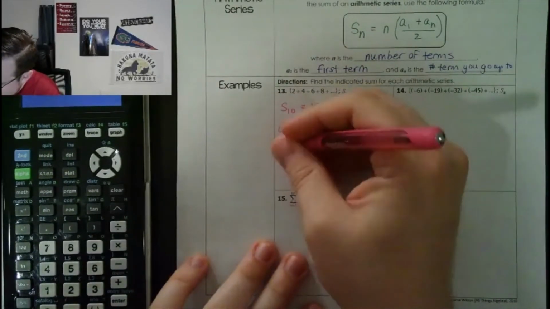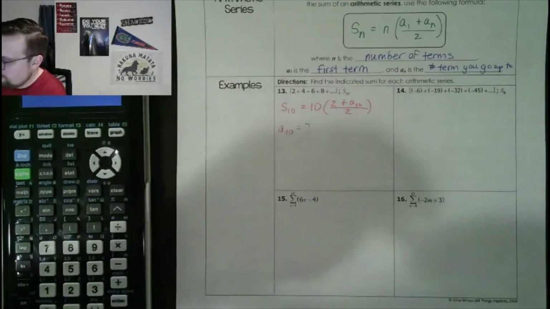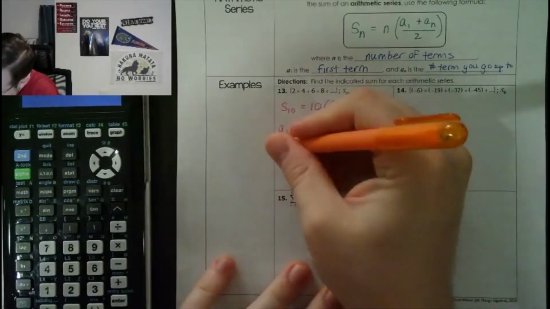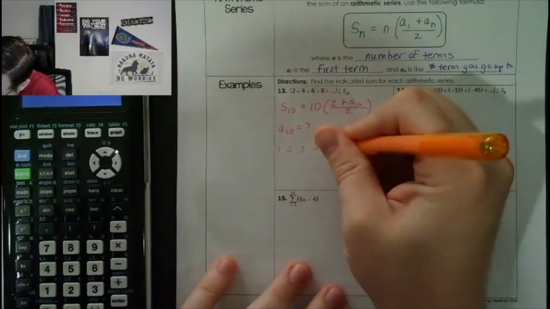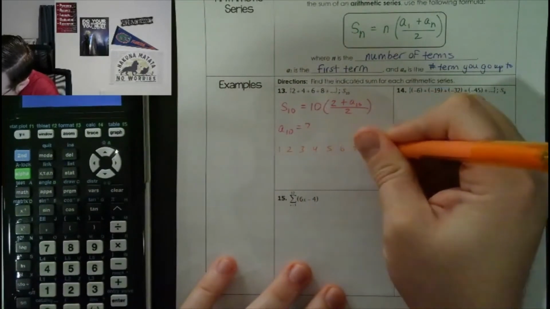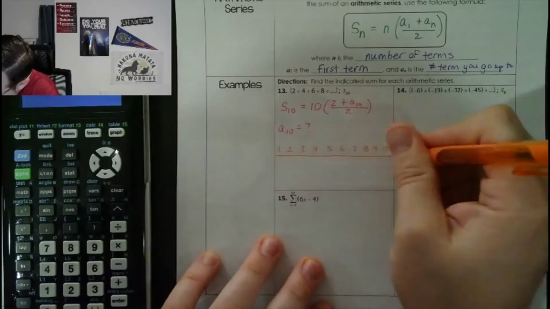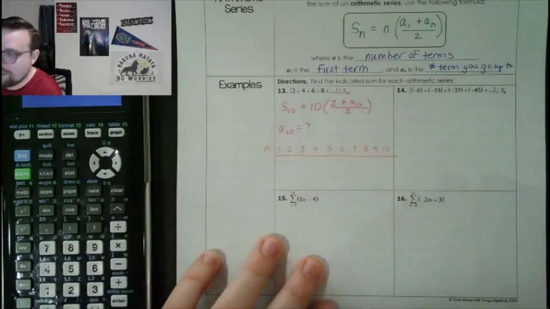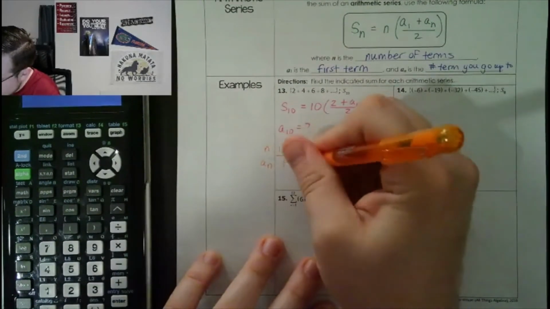If we were to make a chart like we've done in the past, we can definitely do a chart here, if that helps. So let's make a chart. First term, second term, 3, 4, 5, 6, 7, 8, 9, 10. This will be the number of terms, and this will be the value of those terms.